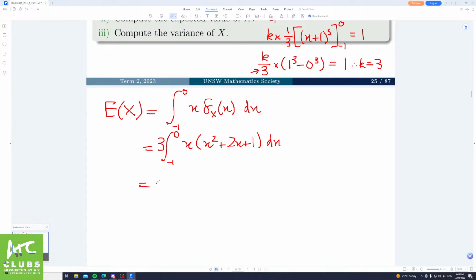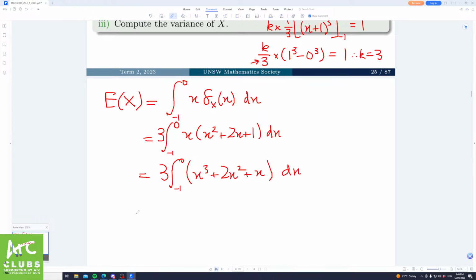The easiest way to do this would be to just expand that integrand to get x cubed plus 2x squared plus x. And now we can evaluate that integral to be 1/4 x to the 4 plus 2/3 x cubed plus 1/2 x squared, evaluated from -1 to 0.